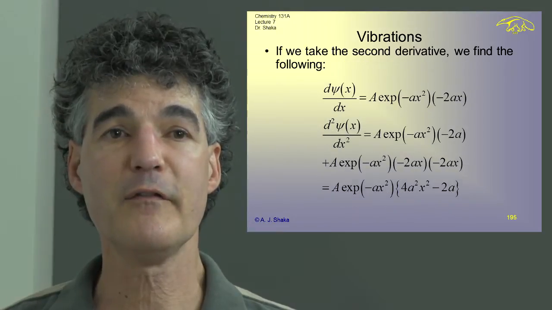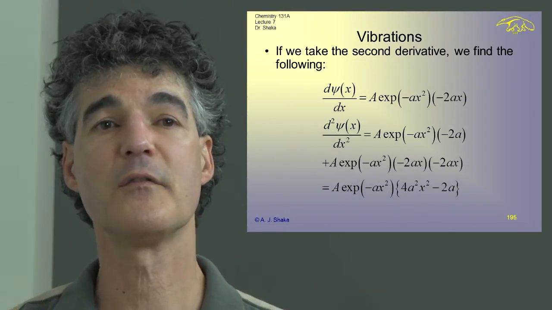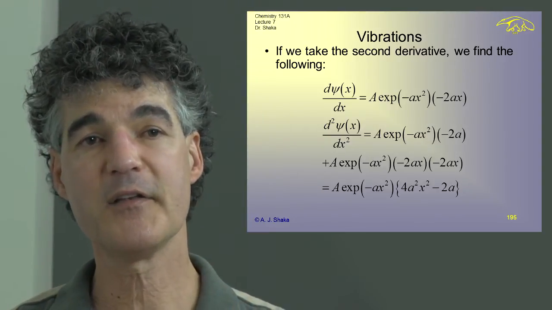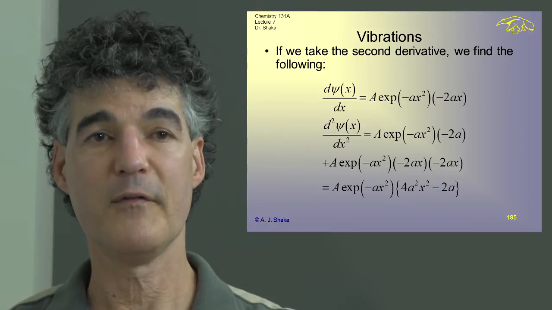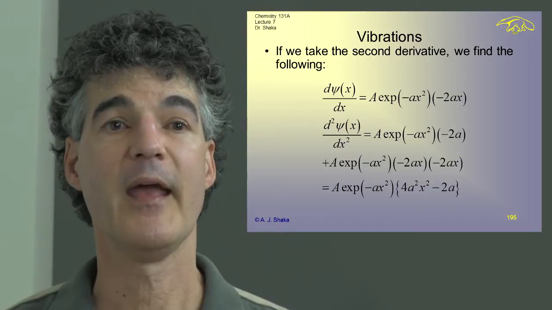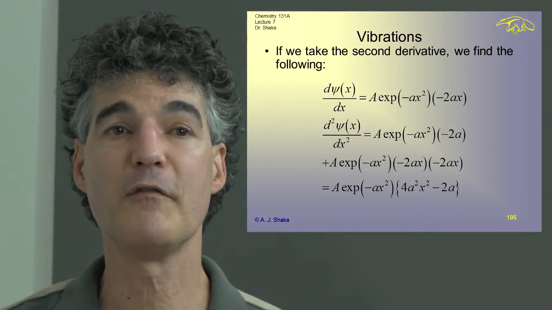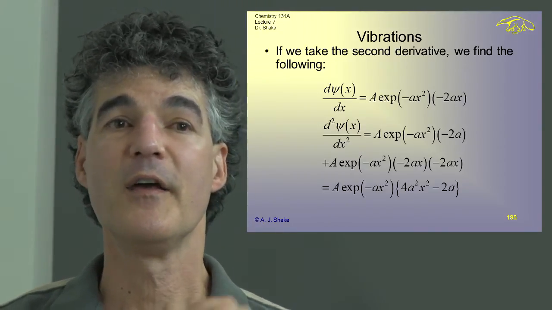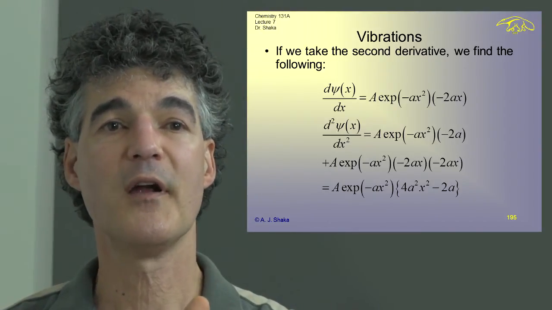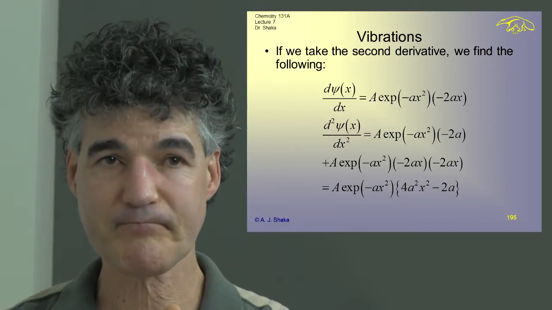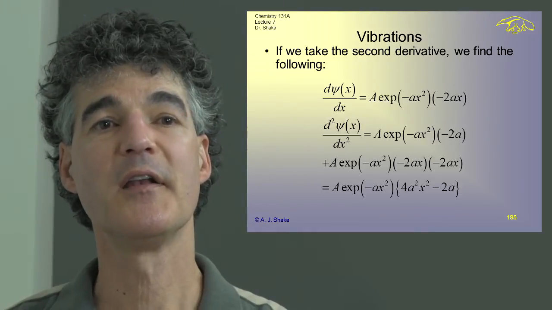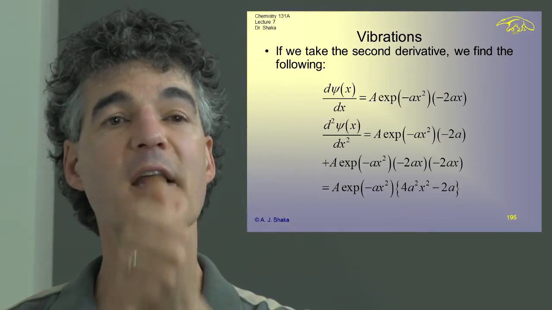The second derivative, now we've got a product of two things. We've got the derivative of u times v, and that is the derivative of u times v plus the derivative of v times u. And the first one, we've done the derivative before, so the second derivative is capital A e to the minus a x squared times minus 2a, plus A times e to the minus a x squared times minus 2ax times minus 2ax again.